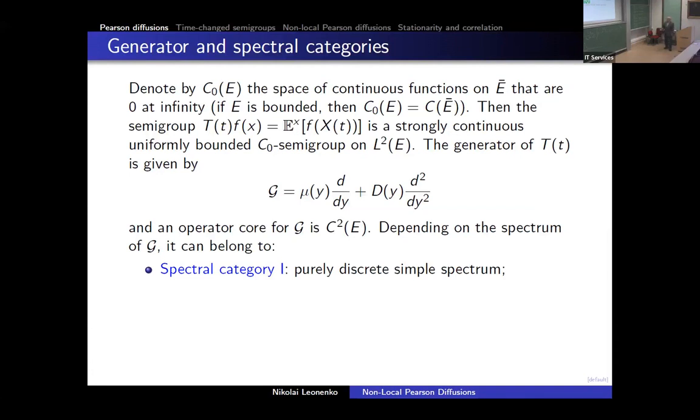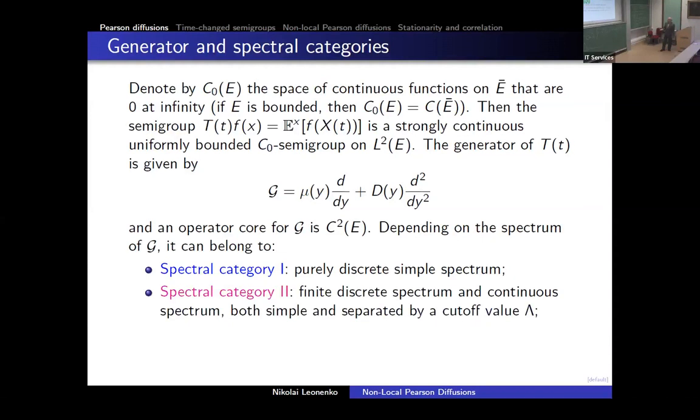Basically, the situation is a little bit more complicated if we compare the continuous distribution with the discrete one, which was delivered by Giacomo. In the discrete case, we have a discrete spectrum. This is what you call spectral category 1, when we have only discrete spectrum.